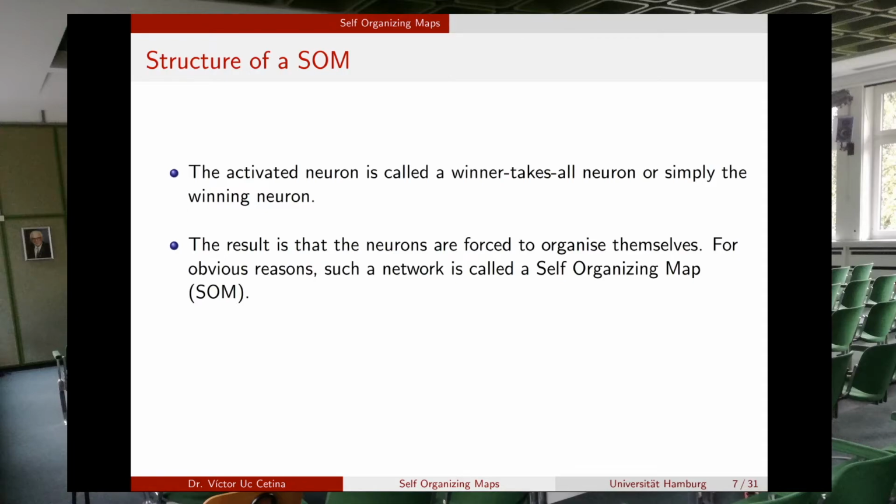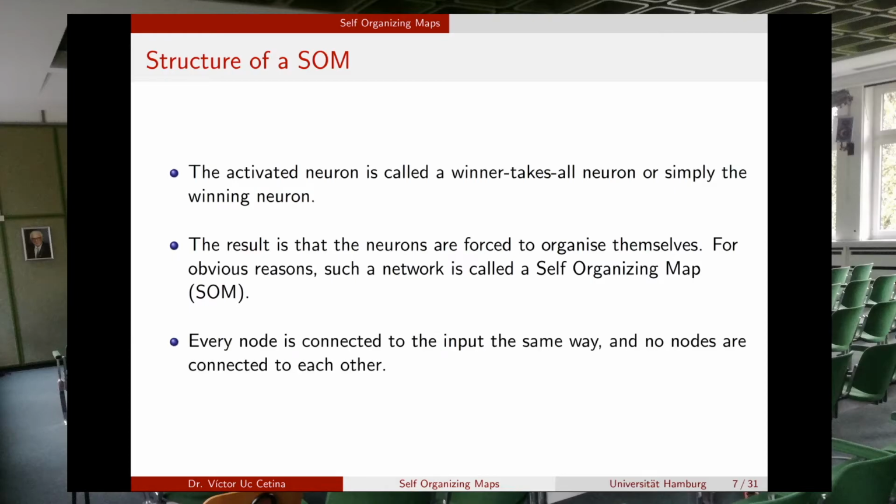Every time we feed the neural network with a new vector, a different neuron will probably be activated, will be the winner neuron, and they will be organizing a bit after feeding one of the training vectors. And that's why they call these networks self-organizing maps.